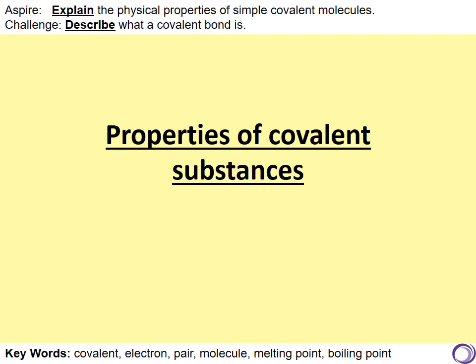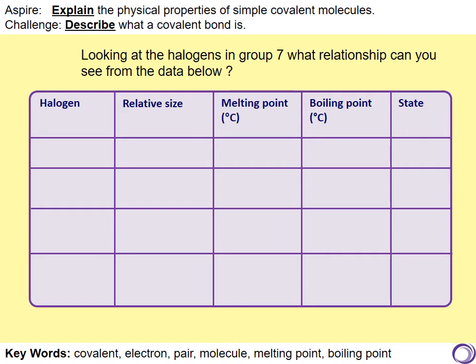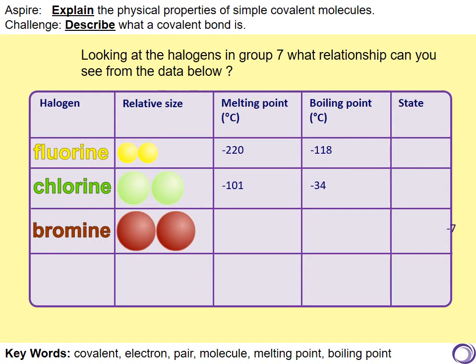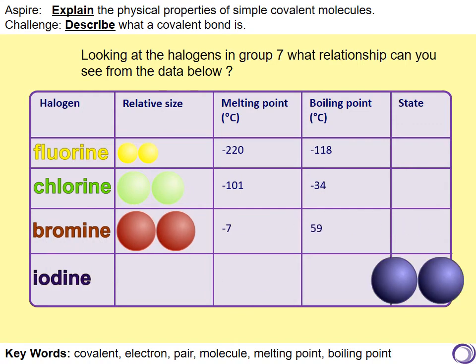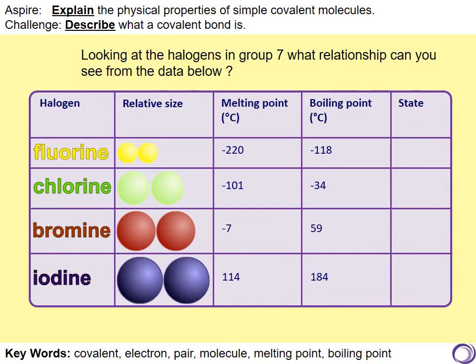So what properties do covalent substances have? Well, in today's lesson we're just looking at simple covalent substances. And if we look at group 7, we can see that for each of the halogens, as you go down the group, the molecule gets bigger.